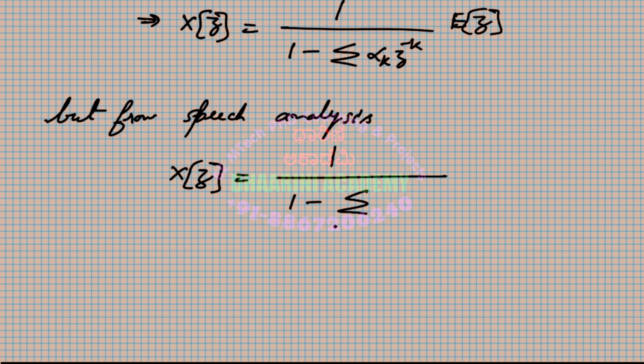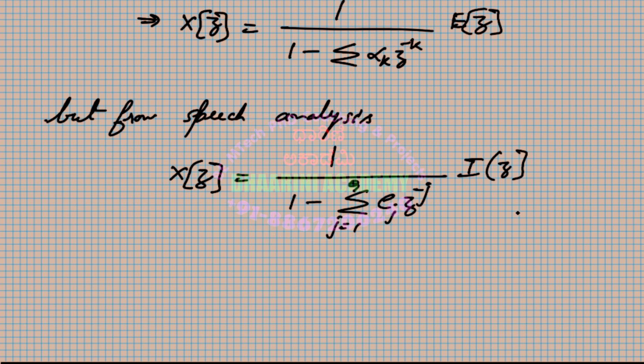I'll give a different notation, maybe j is equal to 1 to q values, so some coefficient cj into z to the power minus j, something like that. We have an equation. Okay, and into i of z.